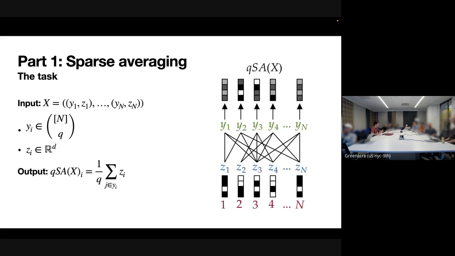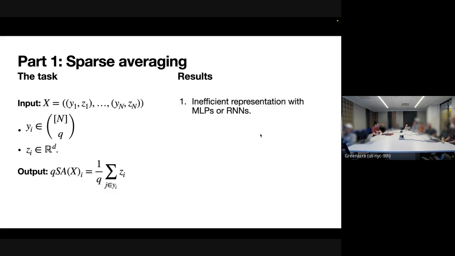This is a visualization of what the task is doing. We have the z vectors at the bottom, the y connections above them, and then we get these averages out. If we try to represent this task using a multi-layer perceptron or a recurrent neural network, it's not going to be an efficient representation.